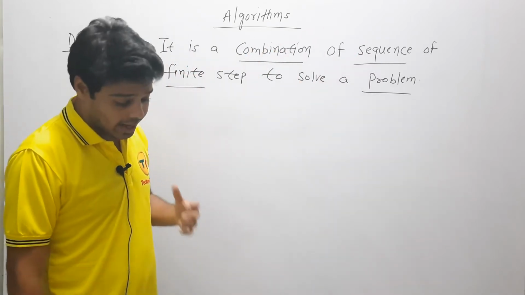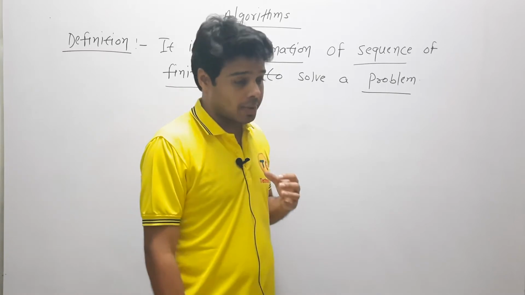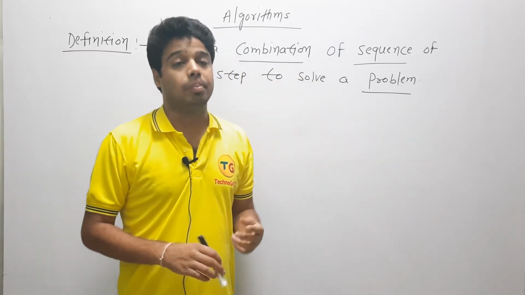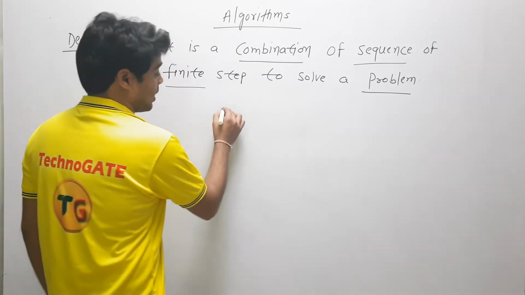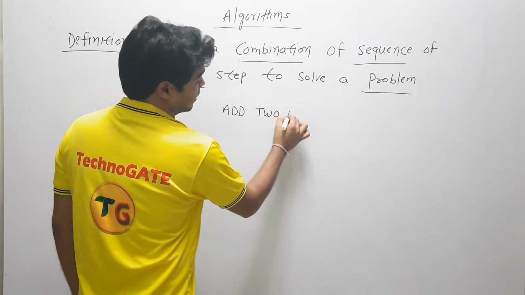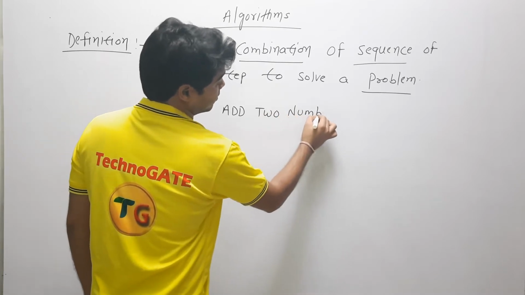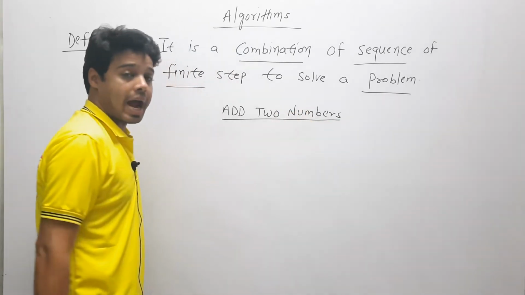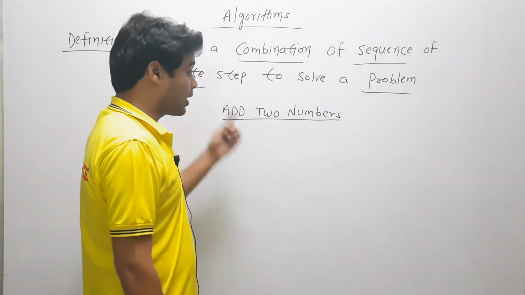So suppose that we take a problem here: how to write an algorithm. Suppose that we want to add two numbers. So how to write the algorithm for adding two numbers? Sequence matters here.